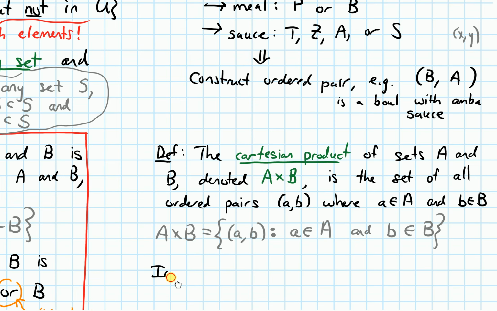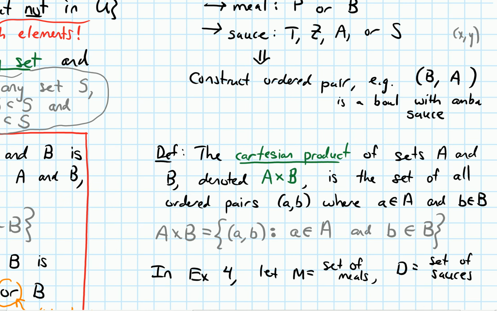So in example 4, let's pick a notation for the 2 sets. So let's let M be the set of meals. And then, because I already have an S to denote one of my sauces, let me just pick a different letter to denote the set of sauces. Let me just call it D. So I'm going to say D is the set of sauces.